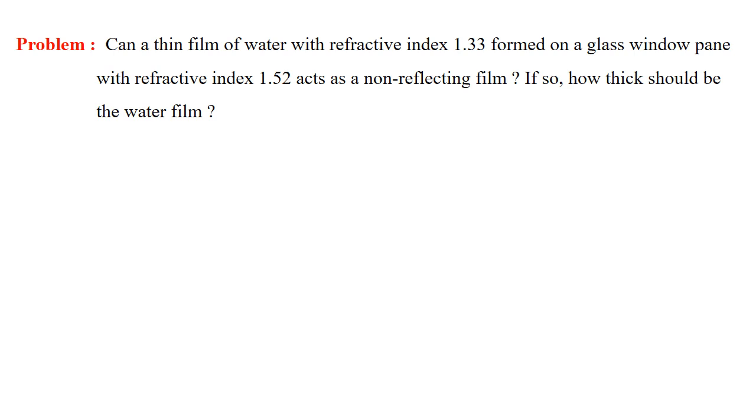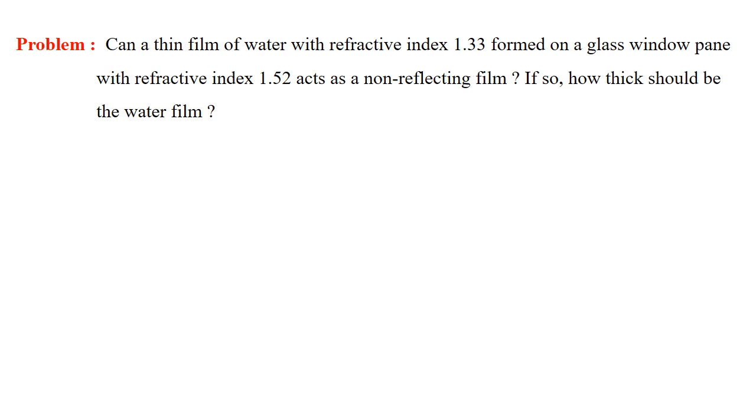Now let us try to discuss this application with the help of a problem. So we can see the problem on the screen. Can a thin film of water with a refractive index 1.33 form on a glass window pane with a refractive index 1.52 and act as a non-reflecting film?